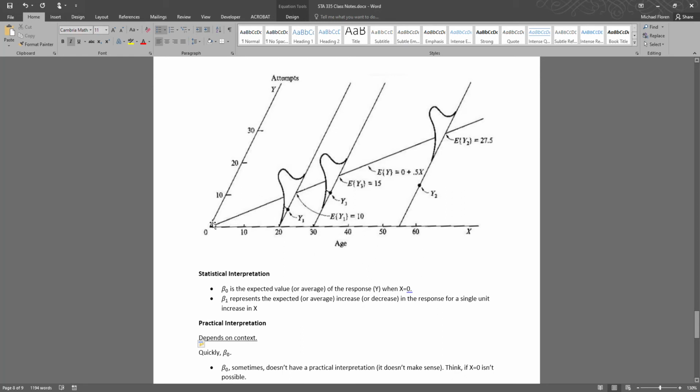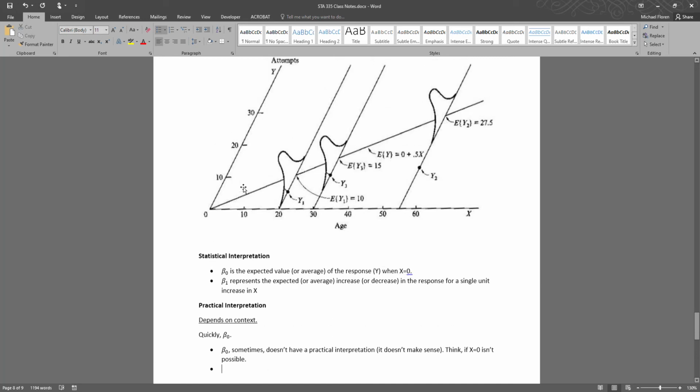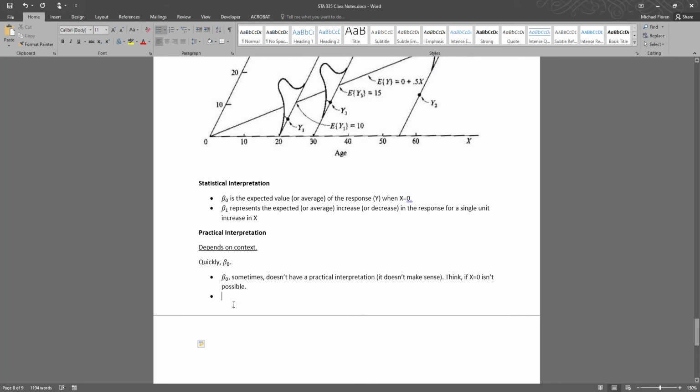So if you're 0 years old, you're not going to be able to make any attempts whatsoever. So in this case, interpreting beta 0 when x is 0, that is when your age is 0, interpreting the y value doesn't make any sense because at age 0, you can't make any attempts if you're just being born. So again, sometimes beta 0 isn't going to have a particularly good interpretation.